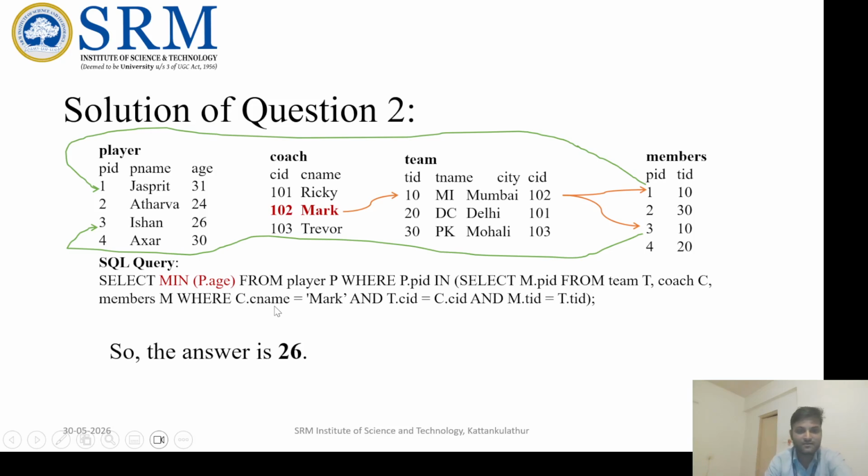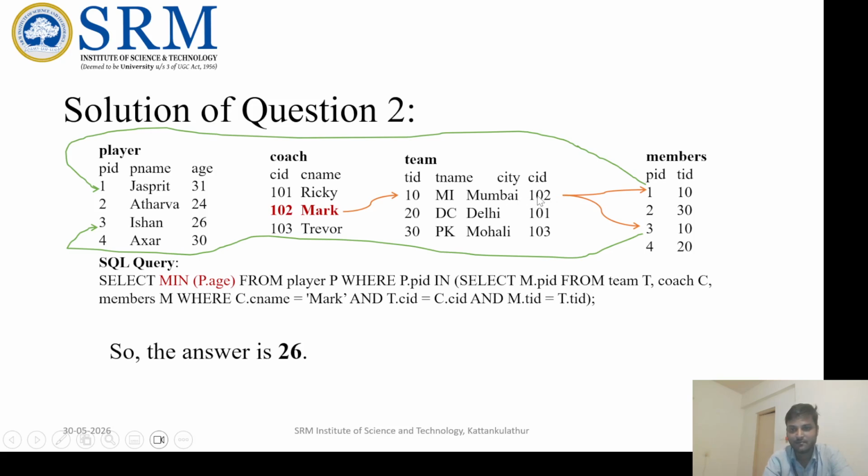So my explanation is like this. We first find the coach as per the inner query, and we find the team ID, that is T10, from coach ID 102.